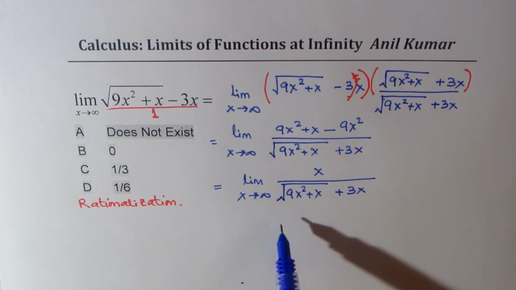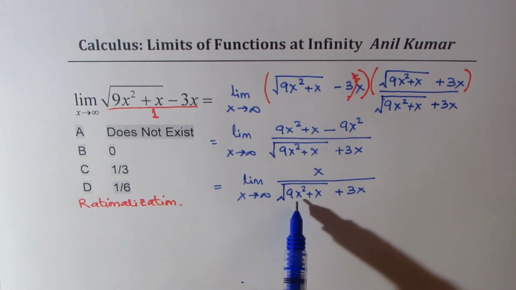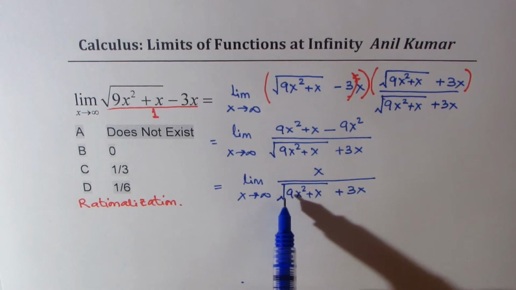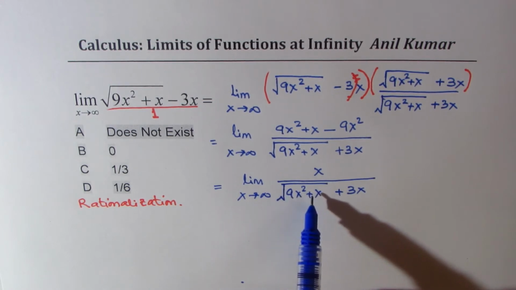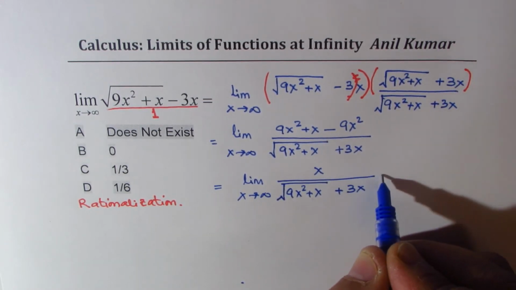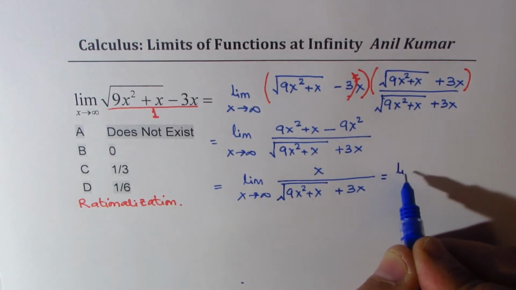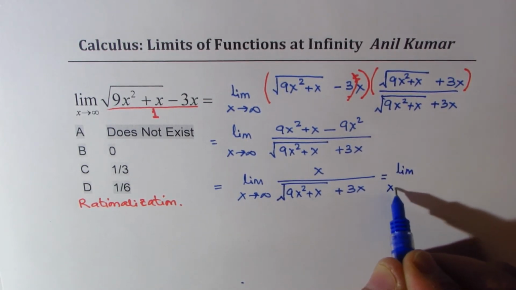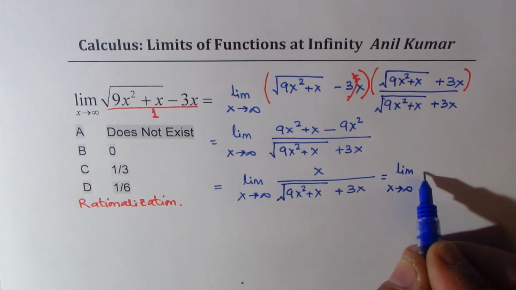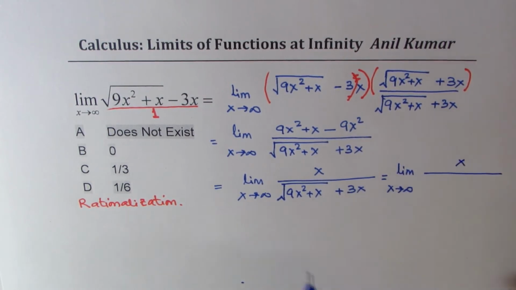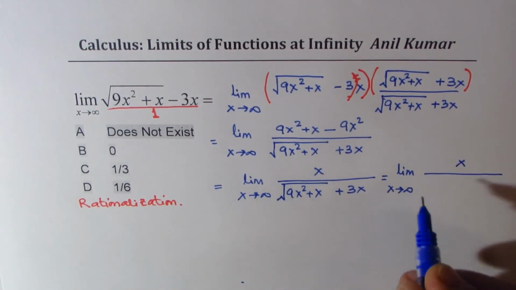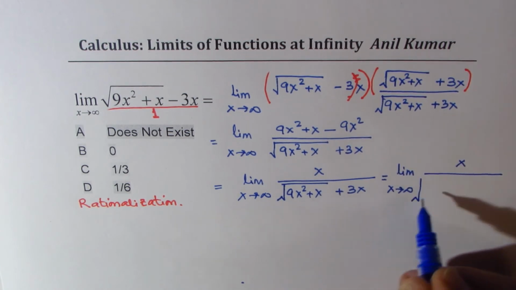So now what we do here is we could factor out x squared from the square root term, right? So if I do that, what do I get? I get limit x approaches infinity. Numerator will keep x. Now if I factor out x squared, let me show you in different steps.